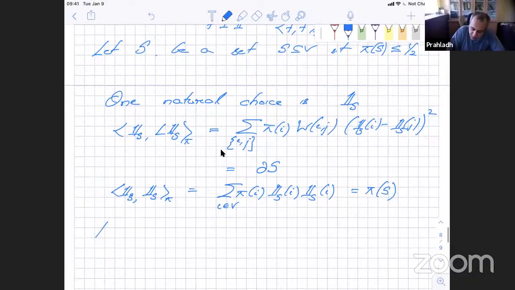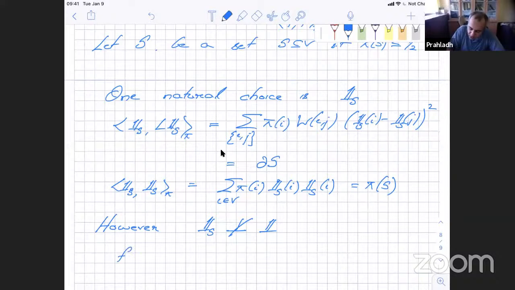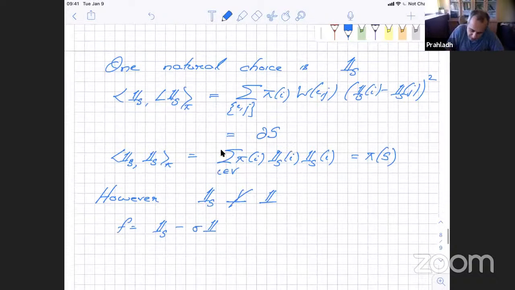However, 1S is not orthogonal to the all ones. So what we'll instead use is f, which is 1S minus, we'll shave off a part of 1 so that it now becomes orthogonal. That is, we are going to take off the component in 1S which is along the all ones function, so that we only use the part of 1S which is completely orthogonal to 1. So what component do I have to use? I need f to be orthogonal to the all ones in the pi norm.